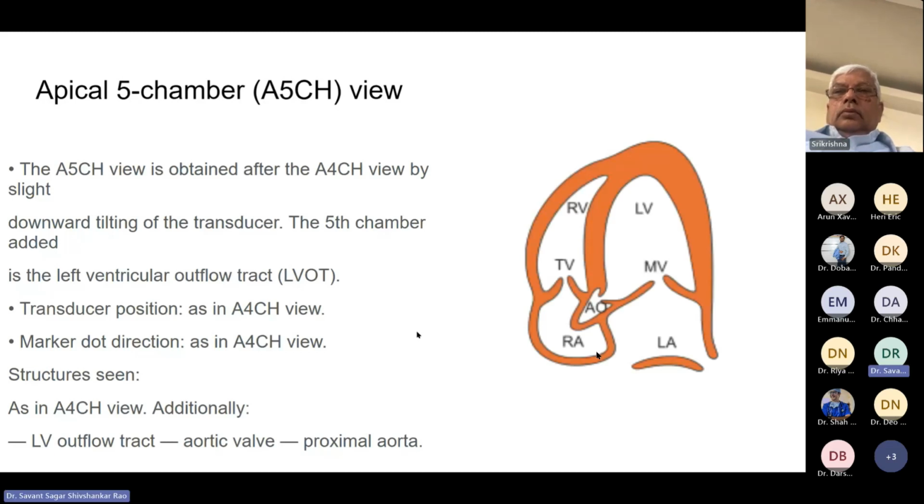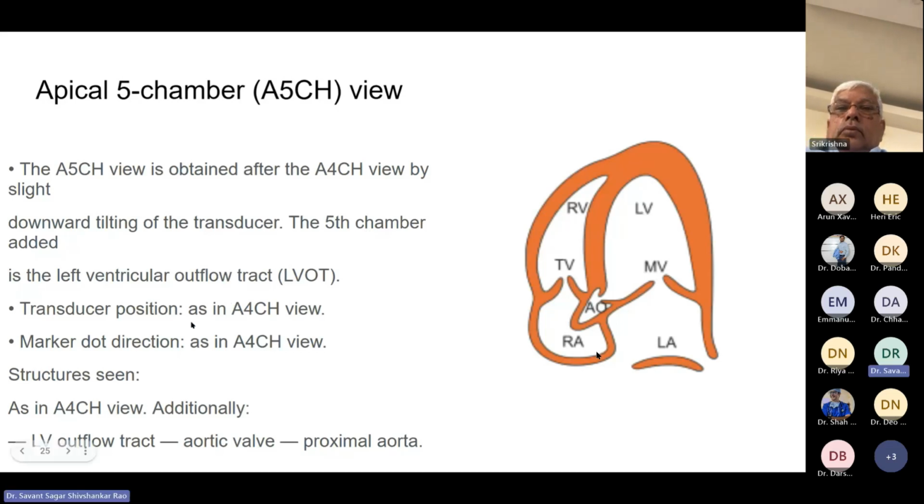So the apical five-chamber view: by tilting the probe downwards and directing it upwards, we can see the opening of the aorta. The view is obtained after the four-chamber view by slight downward tilting of the transducer, to the fifth chamber.